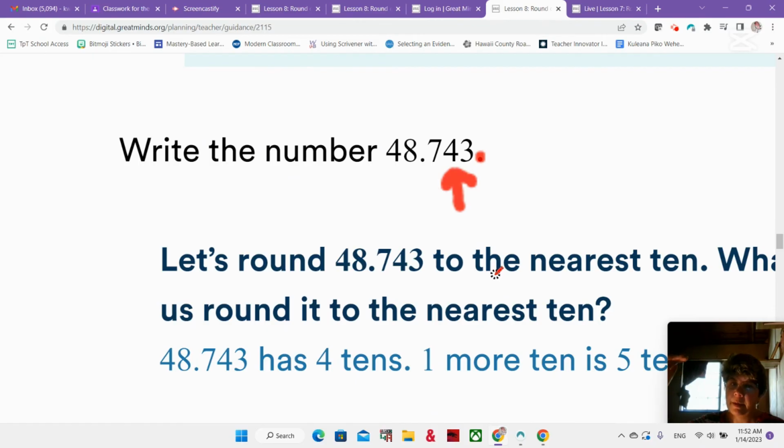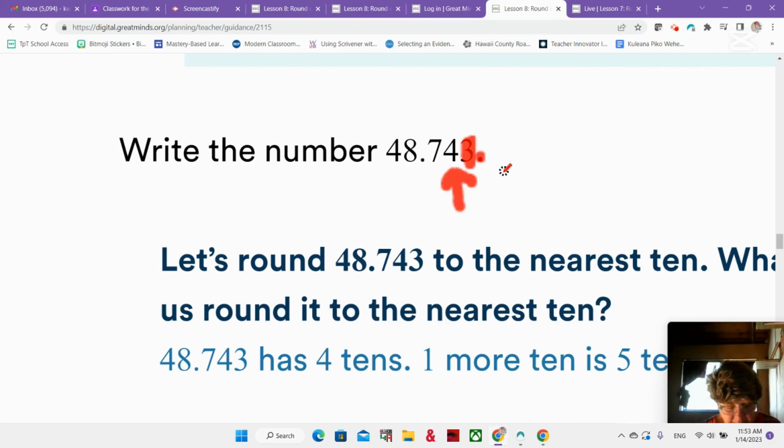One more hundredth up, 48 and 75 hundredths, halfway between is 48 and 745 thousandths, right? Okay, so my 3 tells me that I'm closer to 48 and 74 hundredths. That's going to be my closest hundredth.